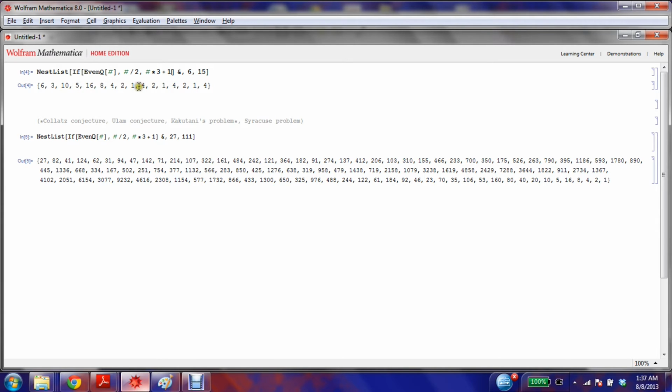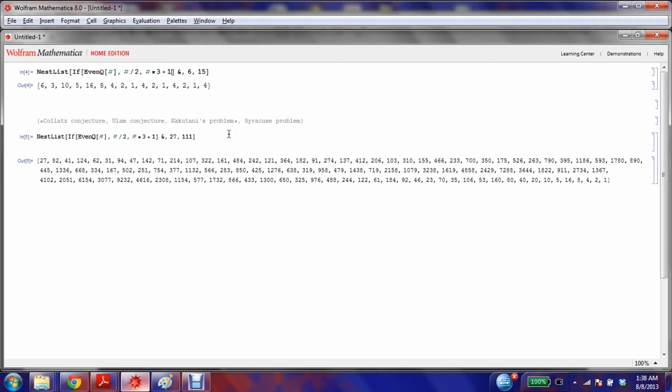And so on and so forth. You see, in this case, we eventually get to 1. And just incidentally, once we get to 1, we just keep cycling. We go from 1, 4, 2, 1, 4, 2, 1, 4, 2, etc. So basically, the Collatz conjecture says that whatever number we start with, we always end up in this kind of cycle.